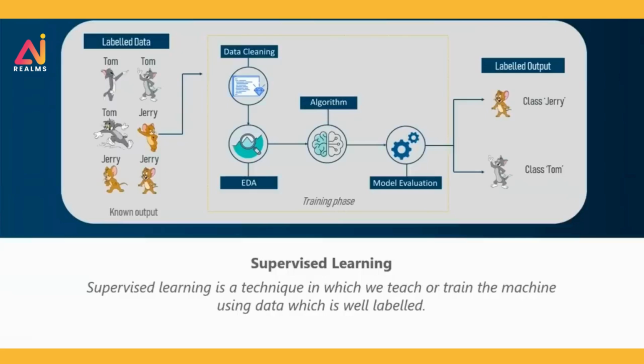To define supervised learning, it is basically a technique in which we teach or train the machine by using the data which is well labeled. All right? Now, in order to understand supervised learning, let's consider a small example. So as kids, we all needed guidance to solve math problems, right?